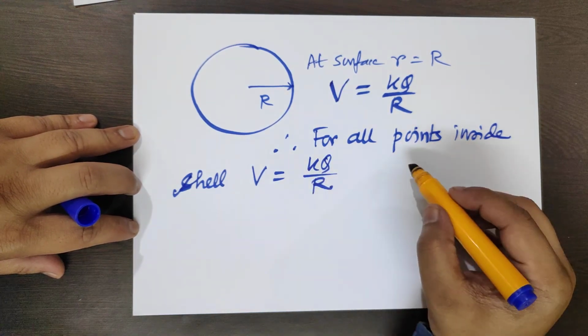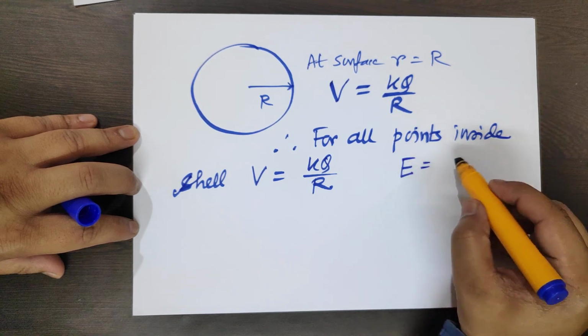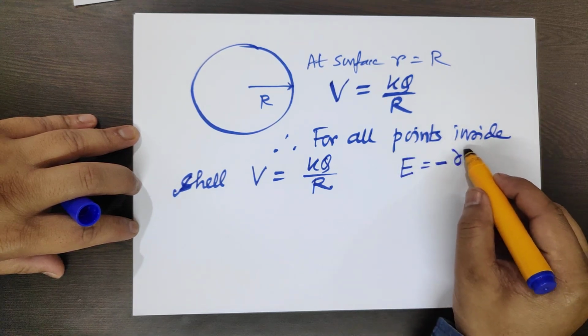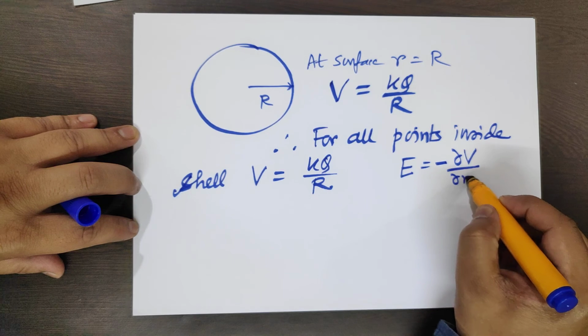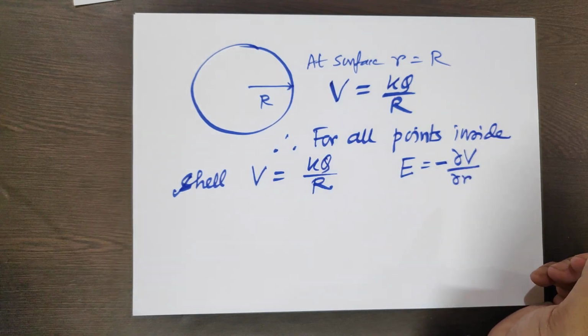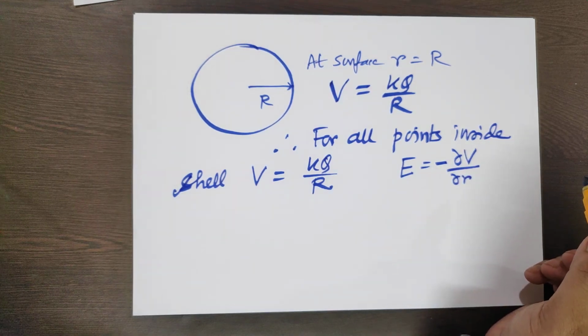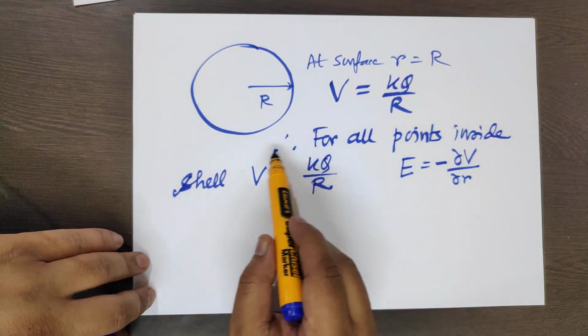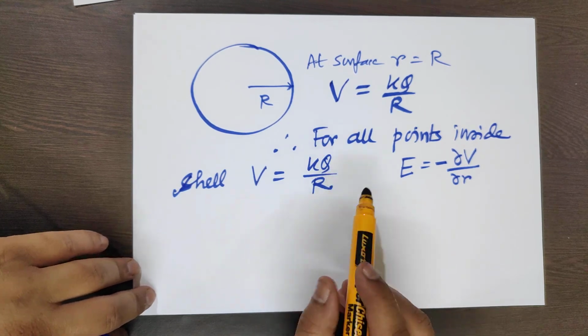Or you know that the field is equal to minus del V by del r in terms of the radial coordinate r. Here as E is 0, V is constant throughout, and obviously this constant value is this.